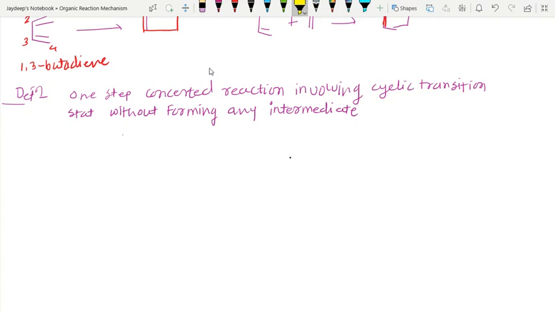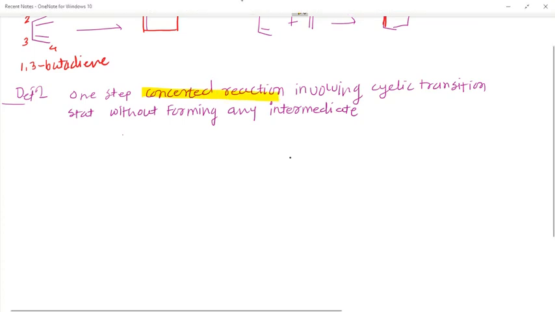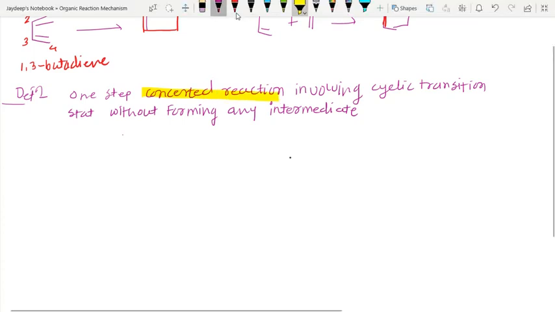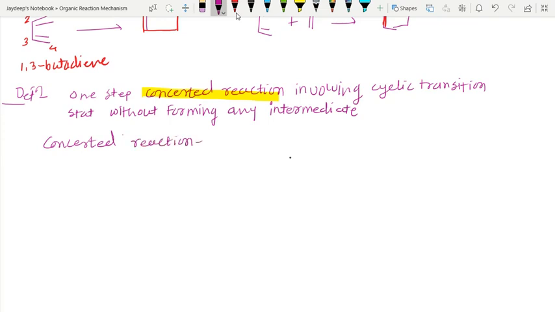It is a one-step reaction and a concerted process. Concerted reaction means bond making and bond breaking both take place simultaneously.